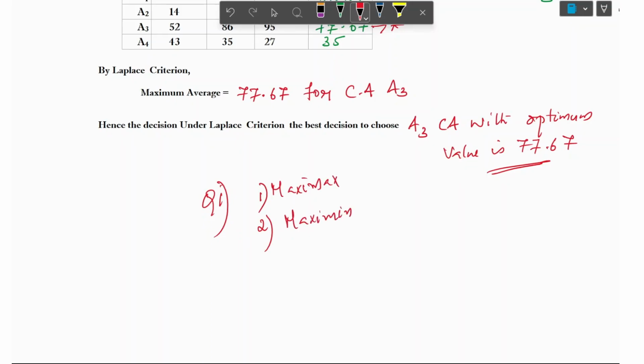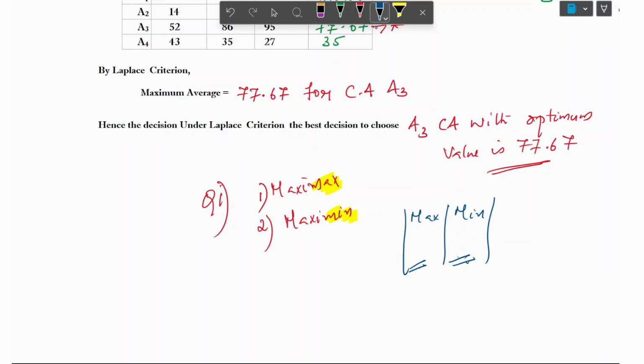Then if you do it table wise, just make the table with two extra columns, a maximum column and a minimum column, and then continue. For Maximax, choose from the maximum values, and for Maximin, choose from the minimum values, but don't make a mistake. In one table itself, you can do it and proceed.